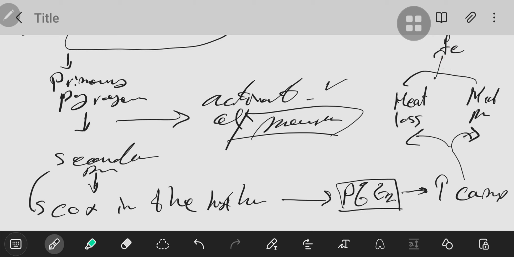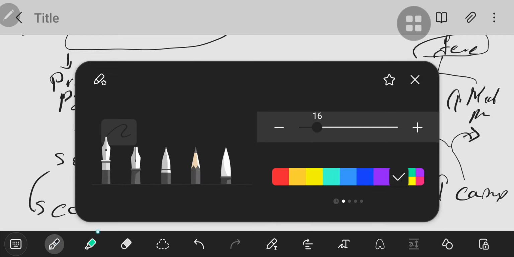So the heat loss will decrease, and the heat production increases. Our body produces more heat. That means fever. So I'm going to recap everything really quickly.